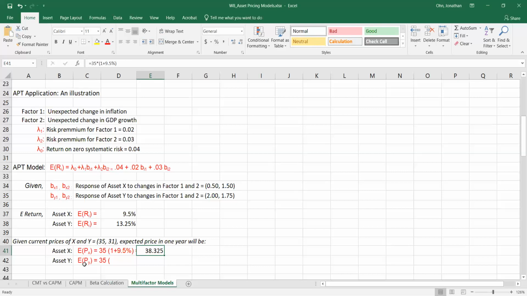And then the next one is Y. This one should be 31 because it is $31, times 1 plus 13.25%.